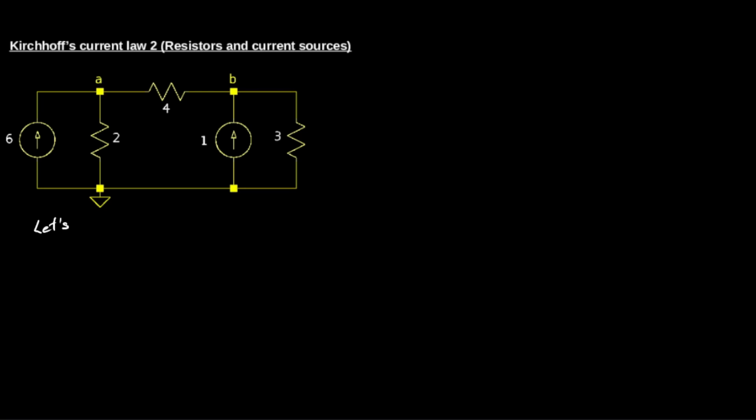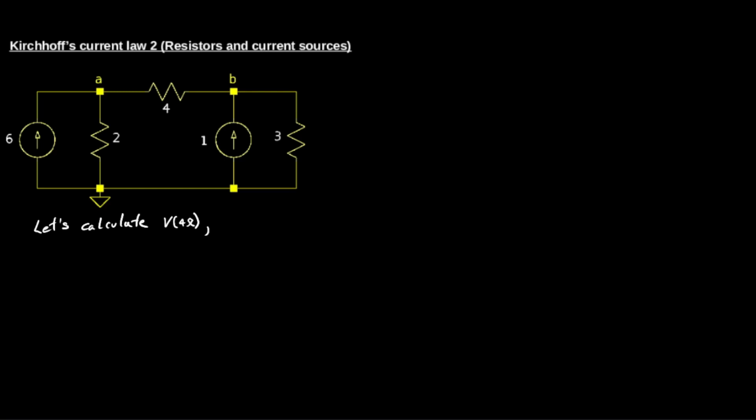We are going to solve a simple circuit by using the Kirchhoff current law. Okay, in this case we have a simple circuit with two sources, two current sources and three resistors.